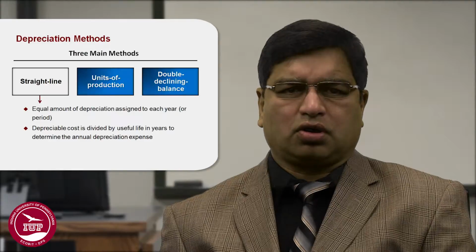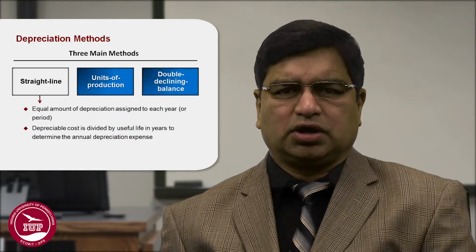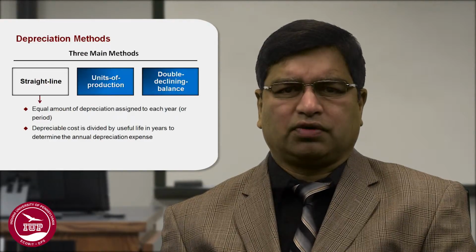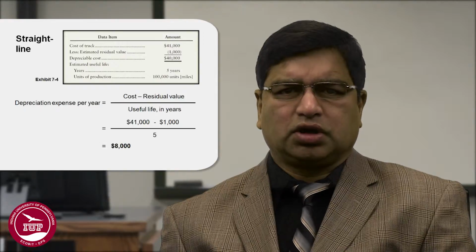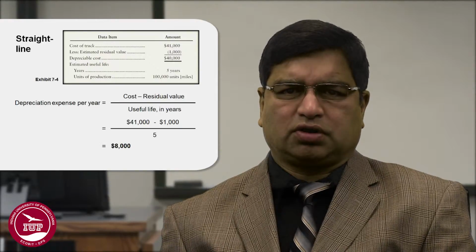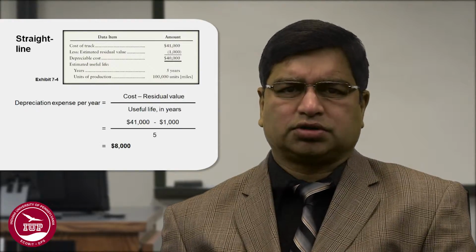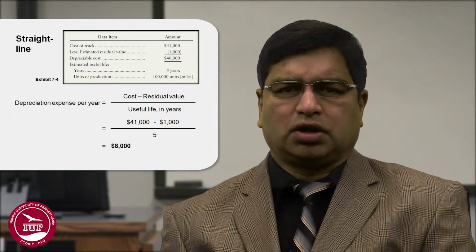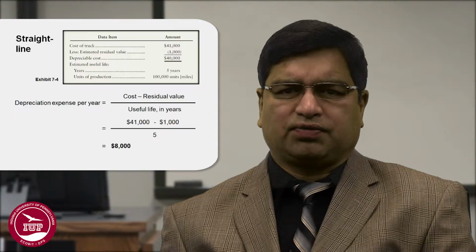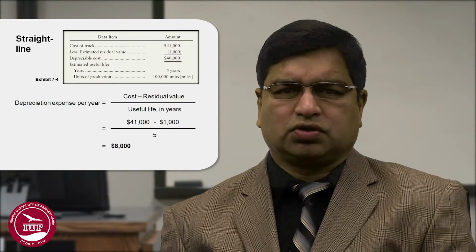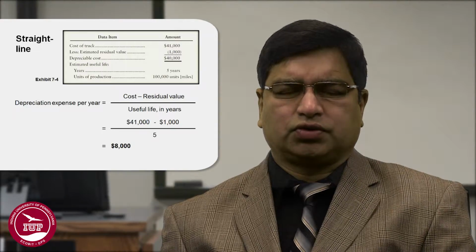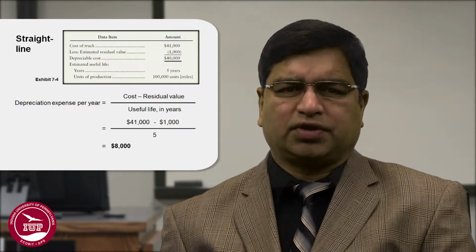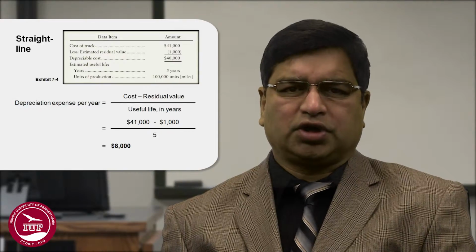Depreciable cost, which is 40,000, is divided by the useful life in number of years. So 40,000 divided by 5 gives you $8,000 of depreciation expense for the year.